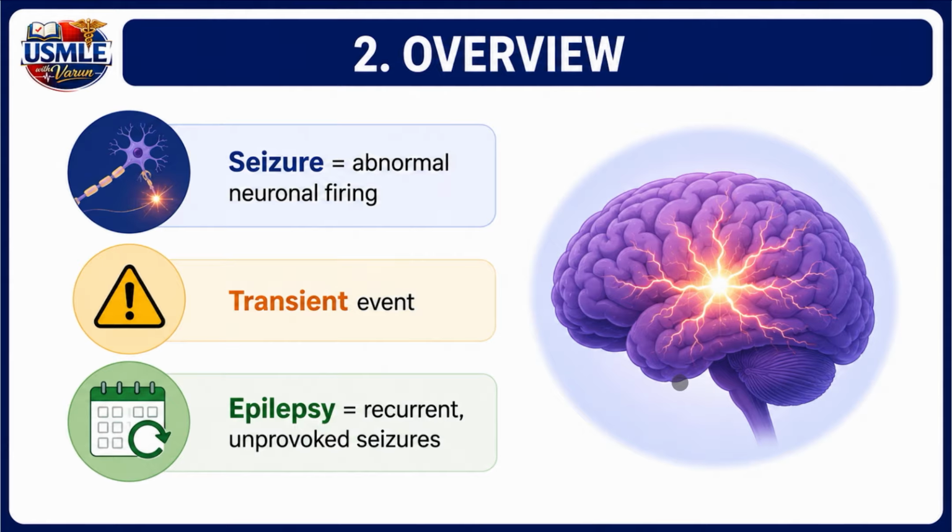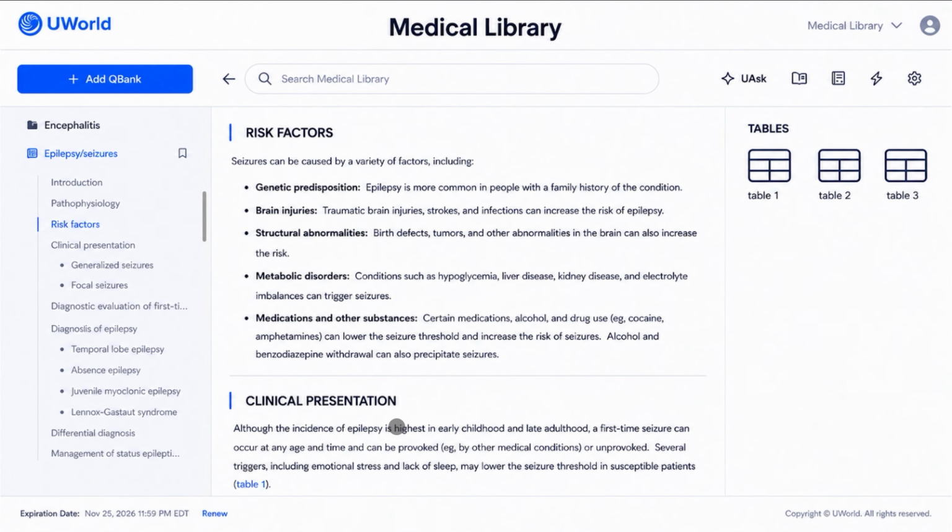A seizure is an event, whereas epilepsy is a chronic neurological disorder in which a patient experiences recurrent unprovoked seizures. This distinction is extremely important because not every seizure means that the patient has epilepsy.